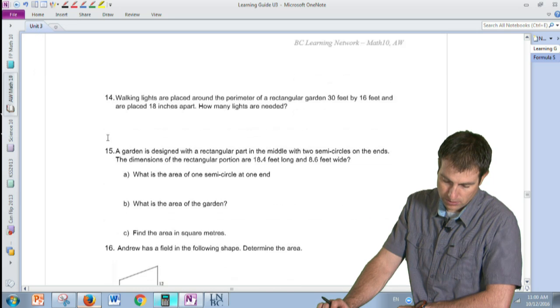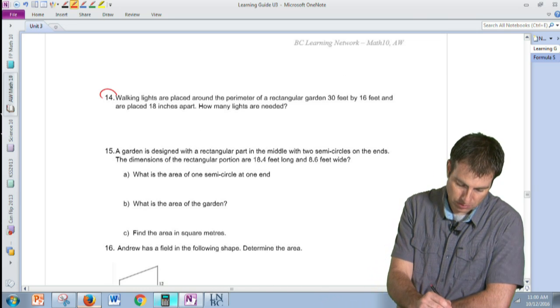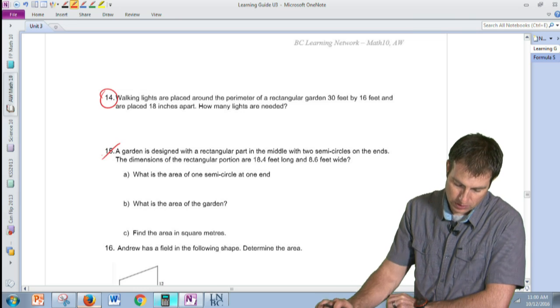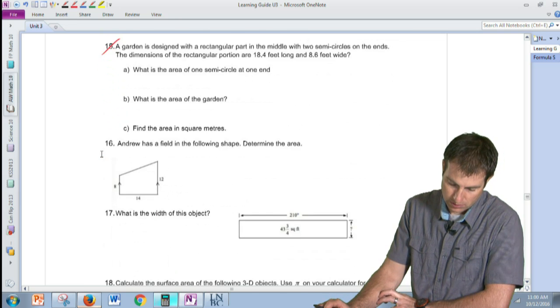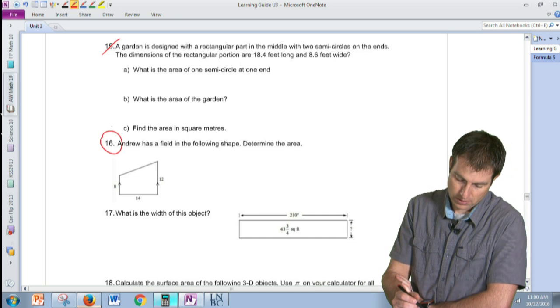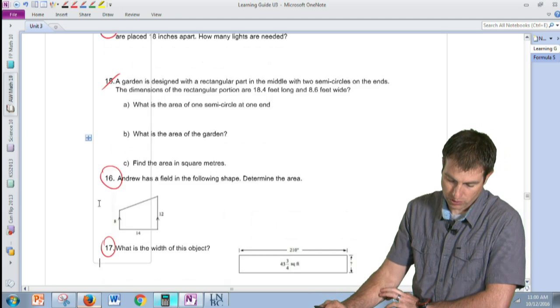How many lights are needed? Let's do 14, that'll be a good one. Let's not worry about 15. I like 16. That looks good. We'll do 16. We'll do 17. Those are both good.